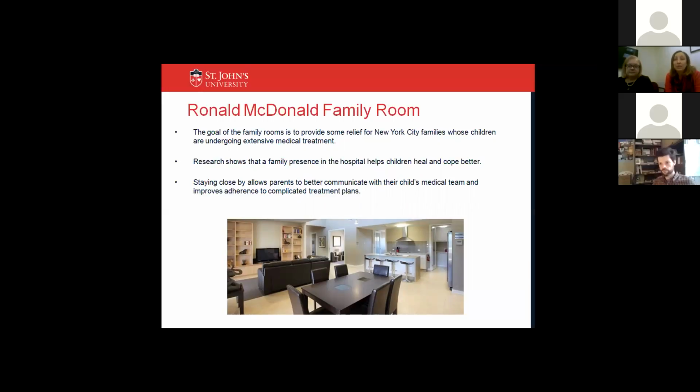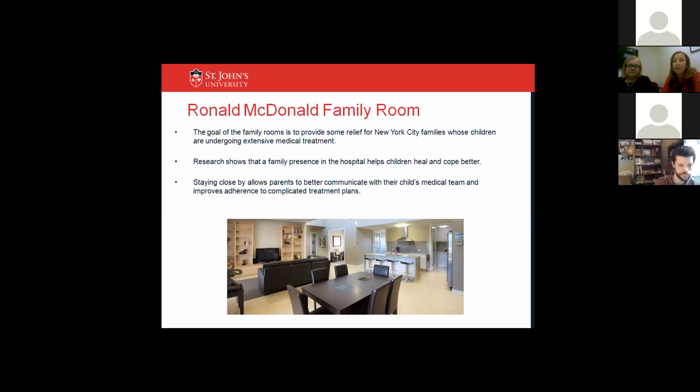Maybe they live only 2 hours away, or maybe even half an hour away from the hospital, but running back and forth is much more tiring and doesn't allow for instant communication with the medical team providing treatment for their child. So they decided that it's essential to provide those rooms within hospitals in New York City to better service the families of New York City where they're located.